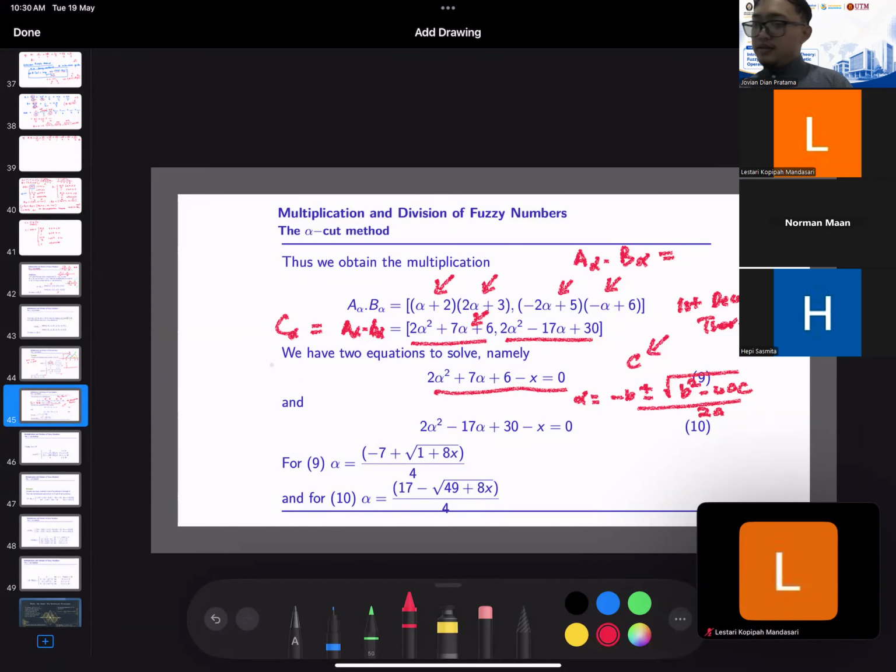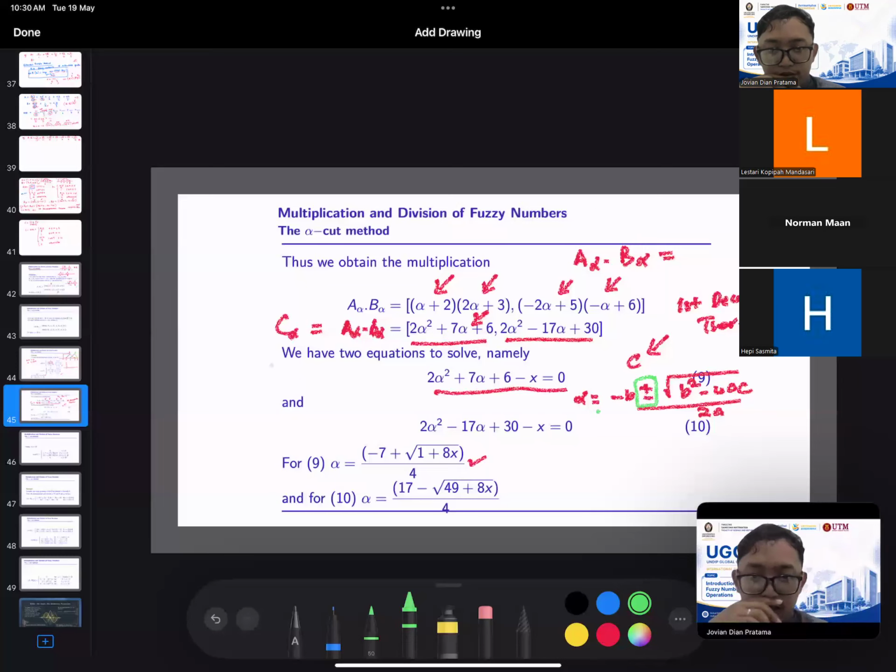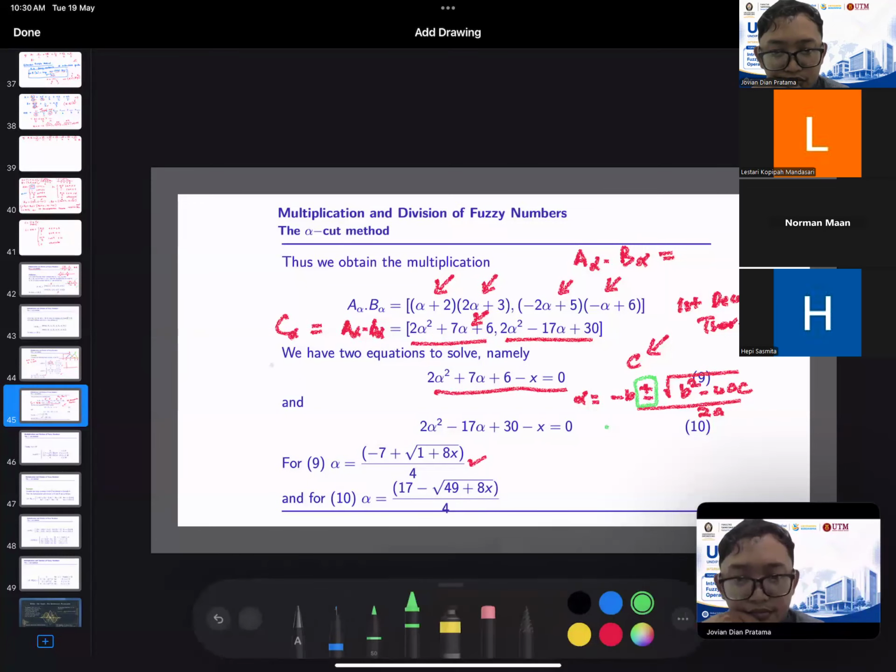Pak Jovian, is it correct to get the roots? So you will get this one. The notation here is plus or minus. So the roots, you just substitute the values.